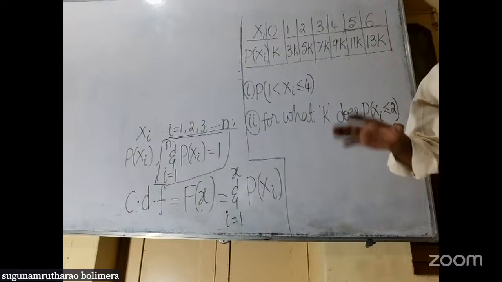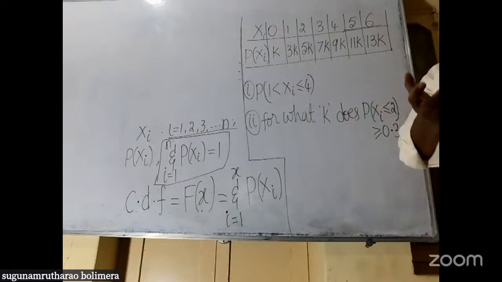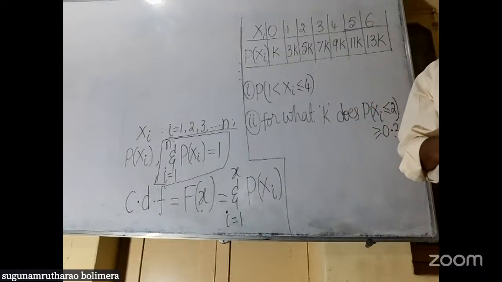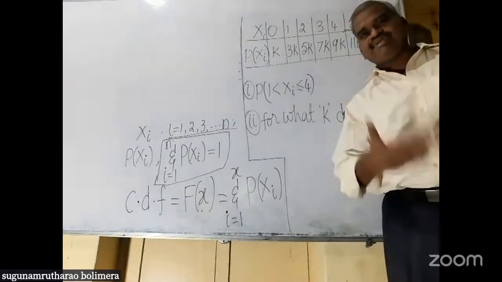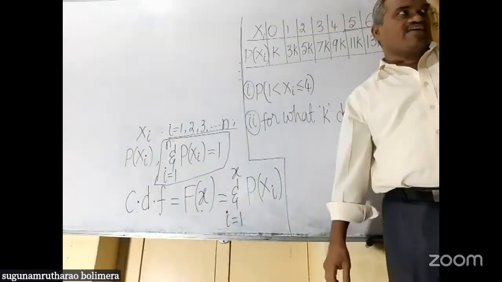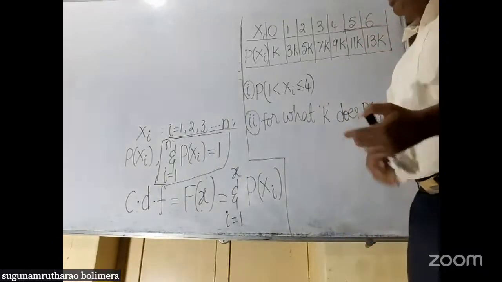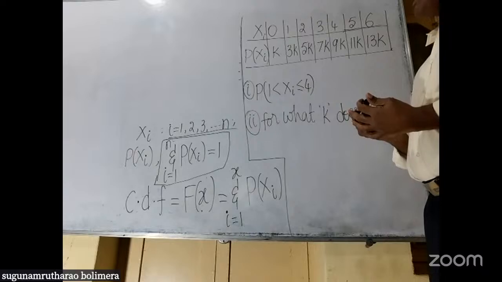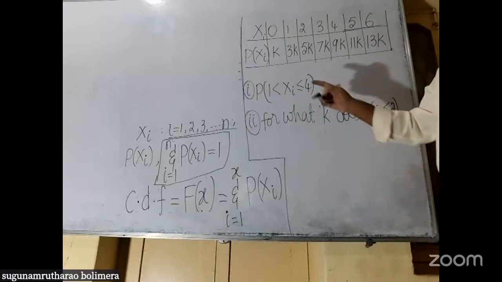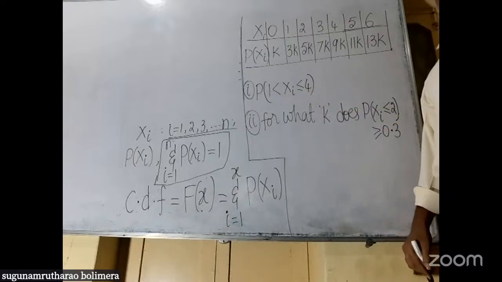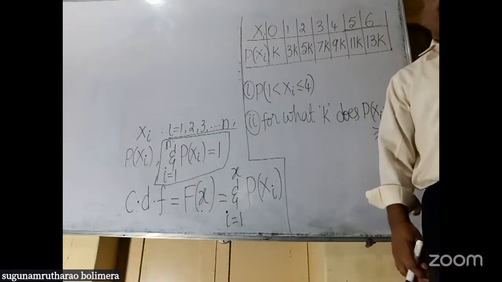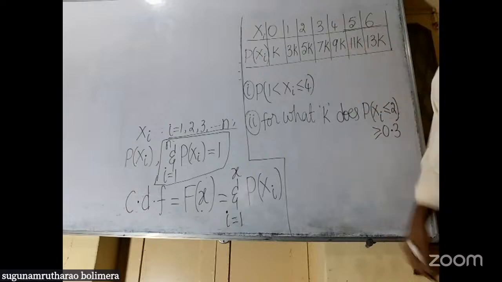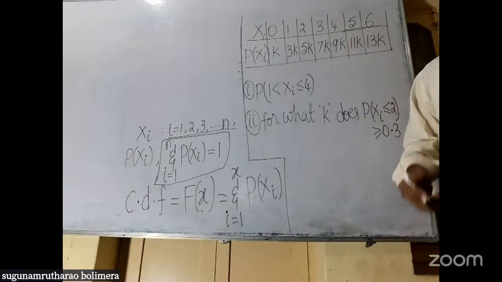So based on this, you need to have the understanding of what is a discrete random variate, and you need to know the difference between discrete and continuous random variates. P of 1 less than xi less than or equal to 4 you have to write in terms of decimals, but we have been given k. What is k? You need to find it.